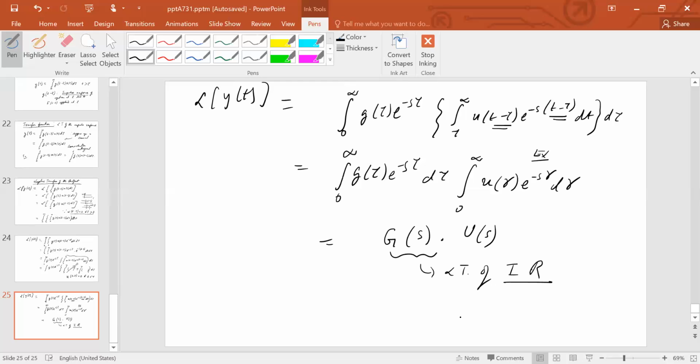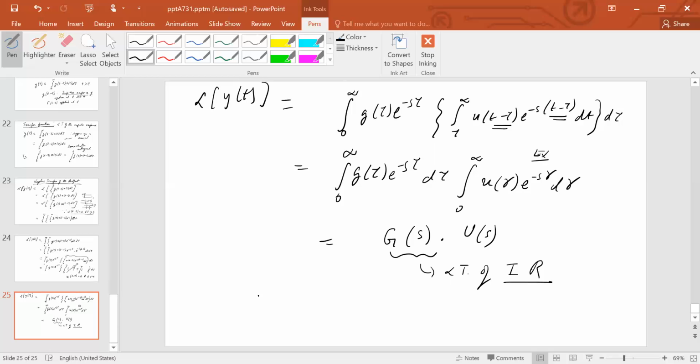Notice very carefully, although in the earlier modules of this lecture we operated this g on some u, that wasn't a product. This was just the operation of g on u. But it turns out that in this Laplace domain, or frequency domain, for a linear time invariant system, the action of a system on an input signal is captured by multiplication.